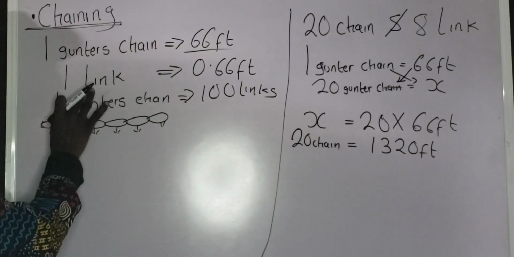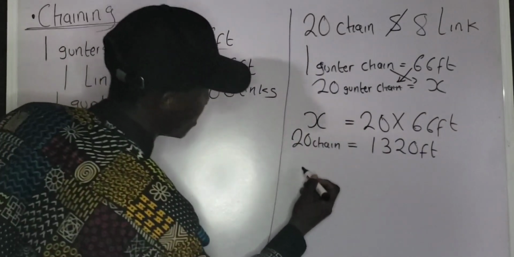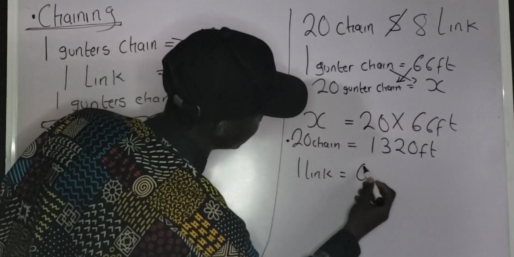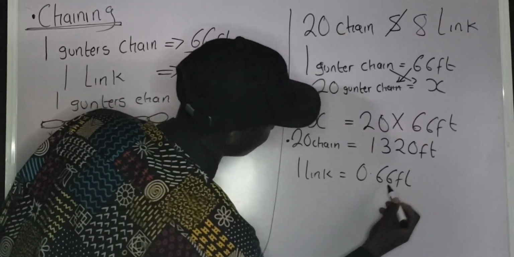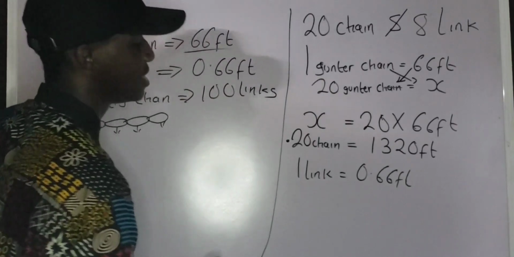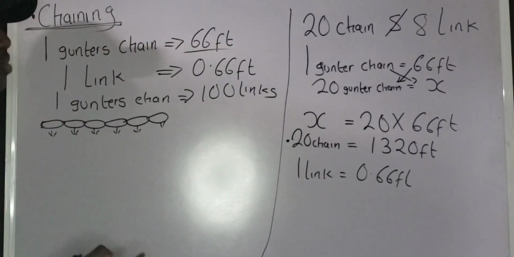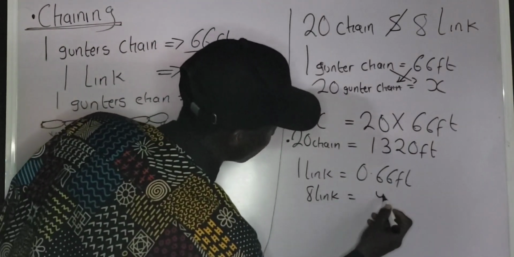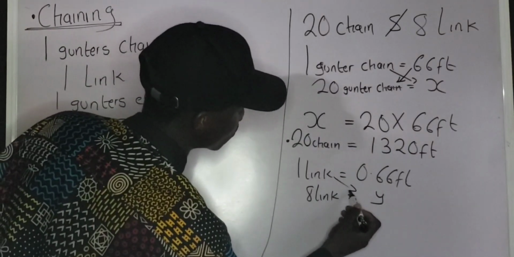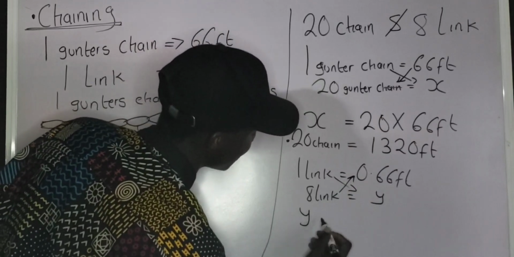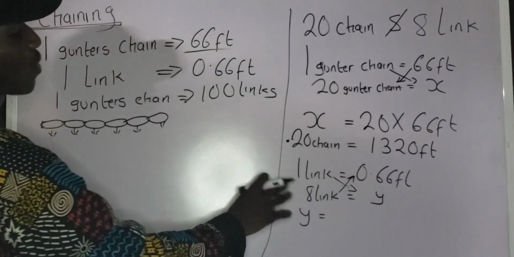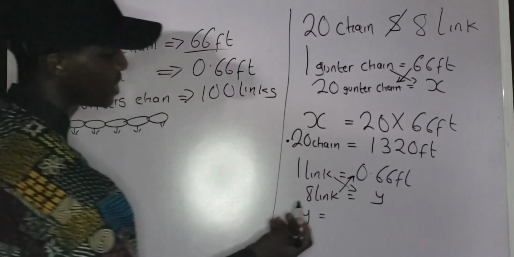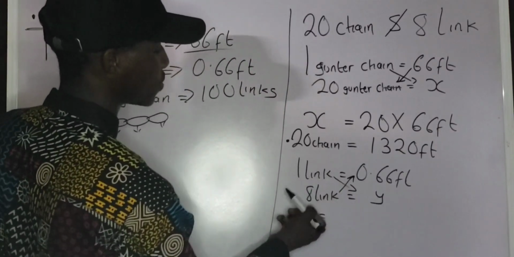Since we know that 1 link is equal to 0.66 feet, let us represent the feet that 8 link will be equal to as y. So 8 link is equal to y. Now we are going to cross multiply. y multiplied by 1 link gives y link, but I don't need to put the link, because this link is going to cancel the other link.